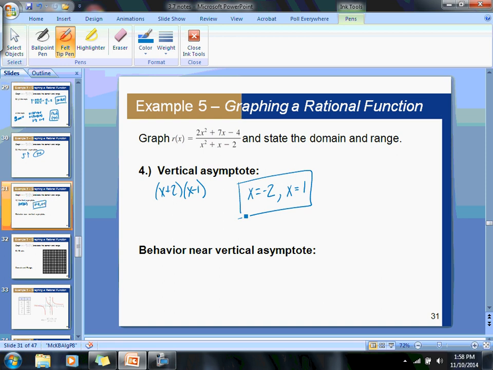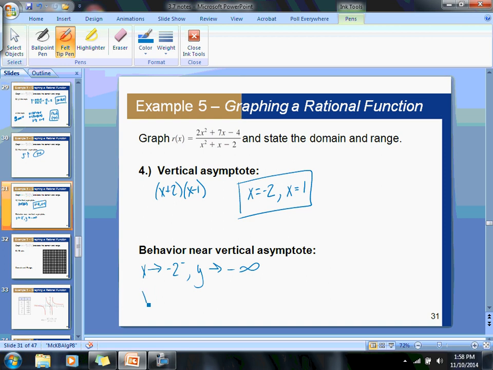So now this little note here about behavior near the vertical asymptotes, this is what your book focuses on more. This is where they have the notation that says as x approaches negative 2 from the left, y will approach negative infinity.